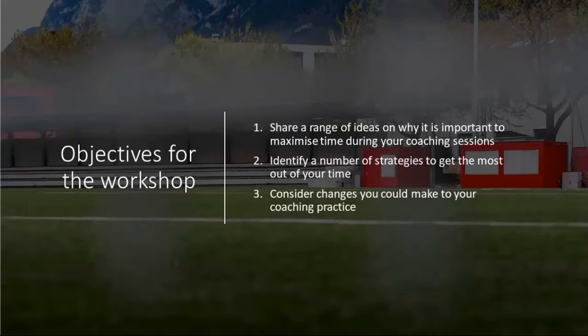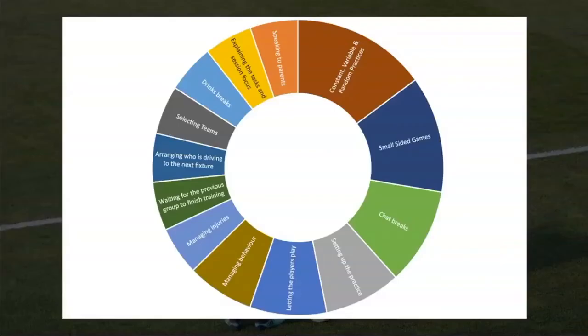Okay, right, I'll put the next slide up. This was just an idea of some of the things as coaches that we have to spend our time doing around the things that we really like doing at training. So we've got our small-sided games, our practices, but then it's the setup, letting the players have a go at just playing, managing behaviour, injuries, waiting for the last group to get off the AstroTurf so we can get on and train.